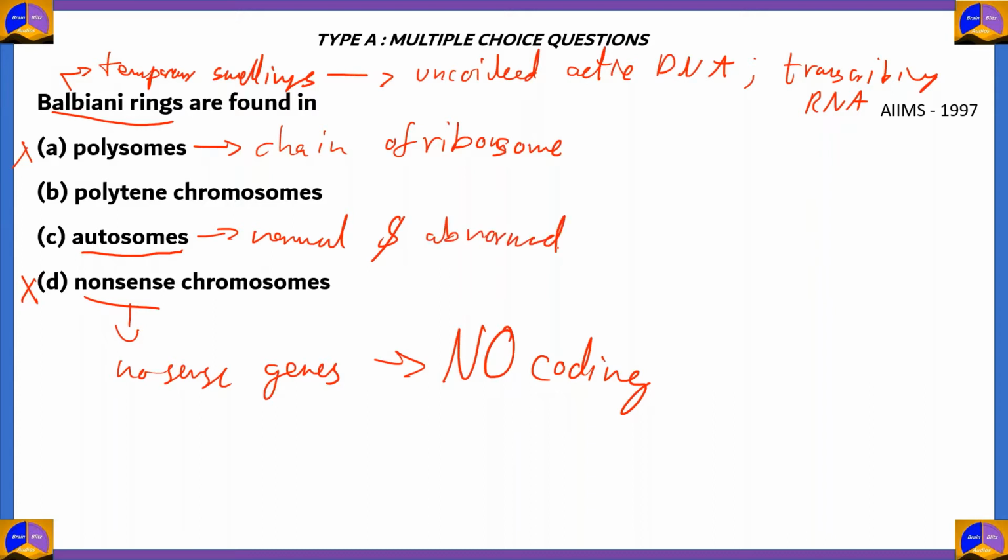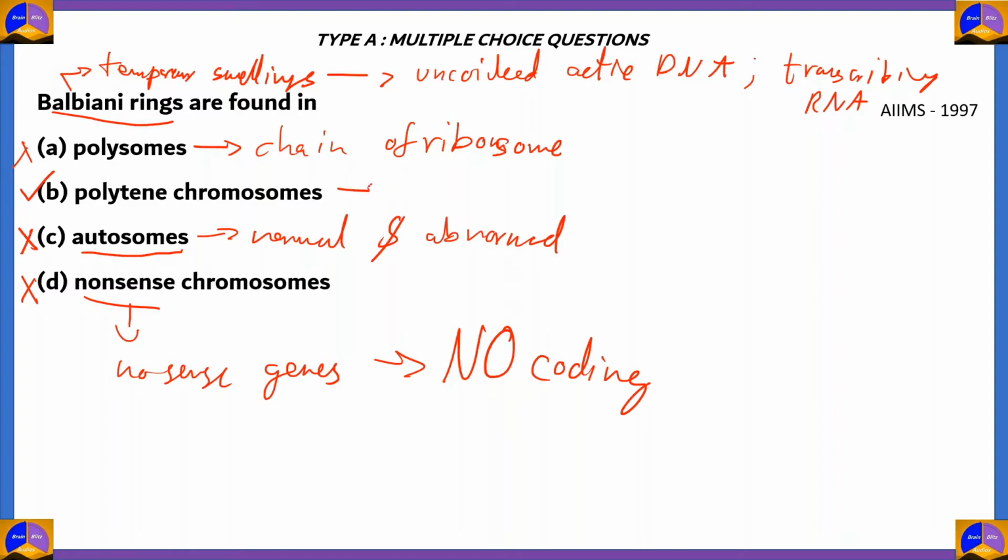They can have a normal amount of DNA, they can have a whole lot of DNA. So therefore, when you say that a chromosome is an autosome, you're merely saying that it does not participate in gender determination. So therefore, we cannot say whether Balbiani rings are present or not. So option C is not a viable option. It's incorrect.